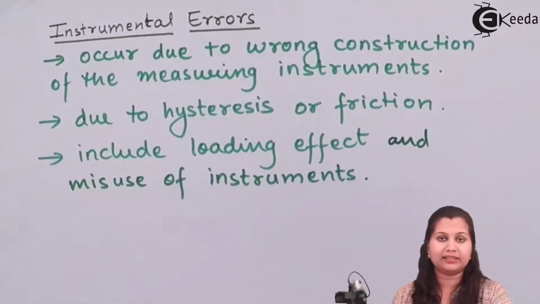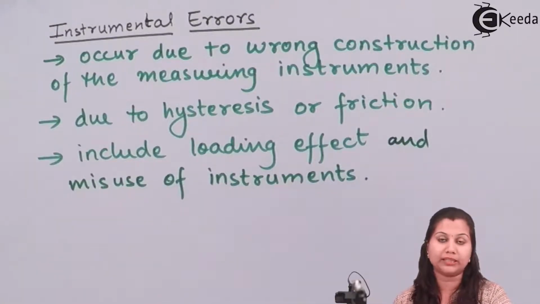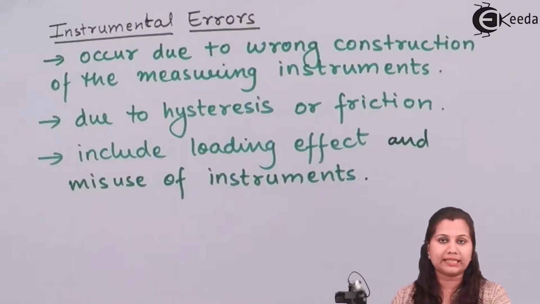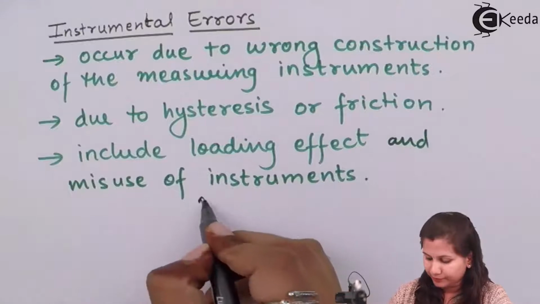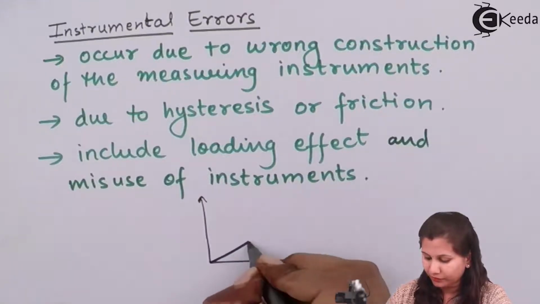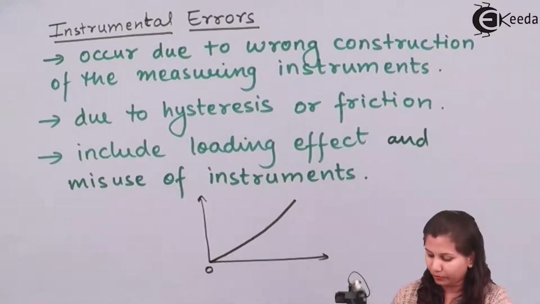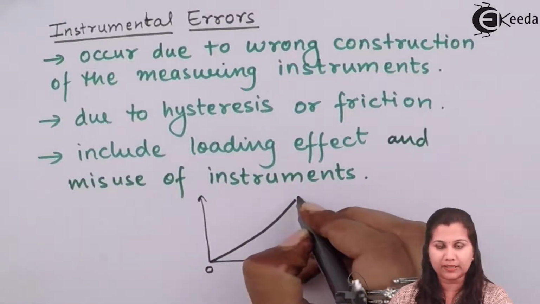So these instrumental errors include the loading effect and also the misuse of the instrument. Loading effect means, suppose we are increasing the input from 0 to the full scale reading, then the output of the instrument is also increasing. If this is the input, we are changing the input from 0 to the full scale of the instrument. As the input is increasing, the output is also increasing, you can see.